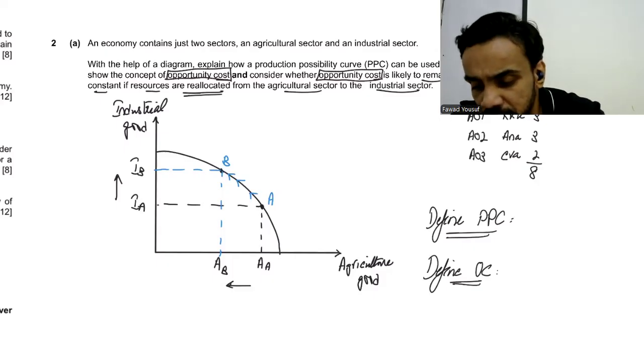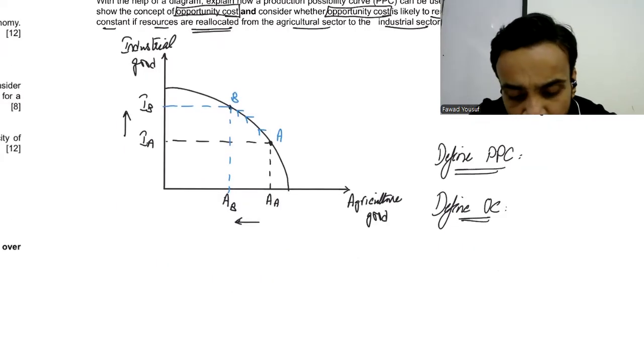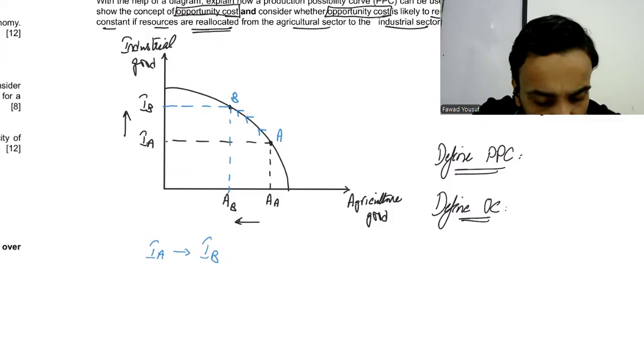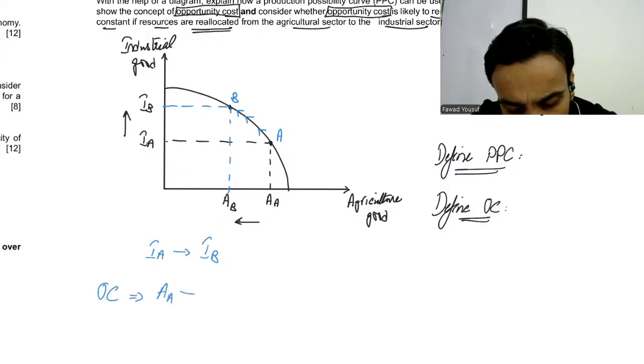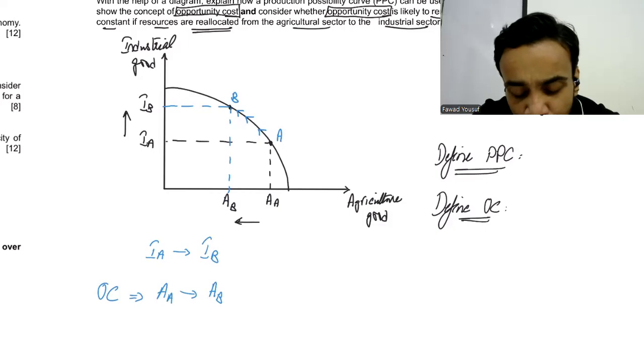You know how we can say that if we increase the production of industrial goods from IA to IB, then the opportunity cost is giving up production of agriculture goods from AA to AB, and your arrows showing that, that's just great. But this has to be done.